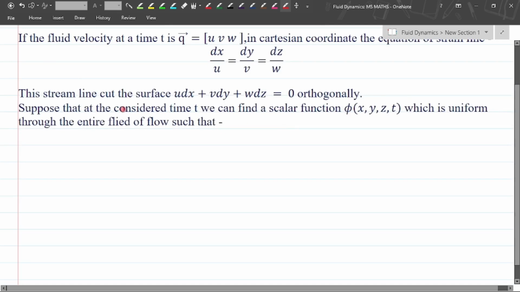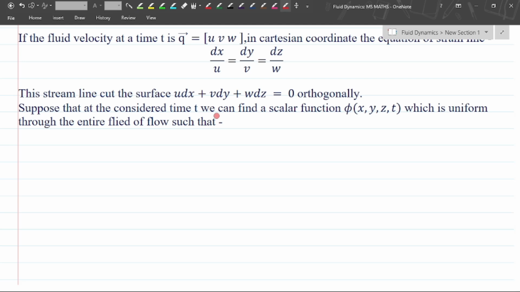Suppose that at the considered time t we can find a scalar function phi(x, y, z, t), in space as well as time, which is uniform through the entire field of flow. How will this function be defined?